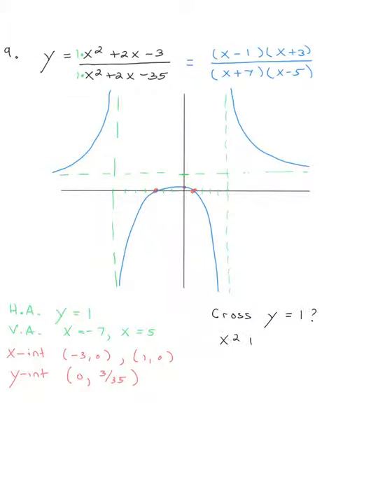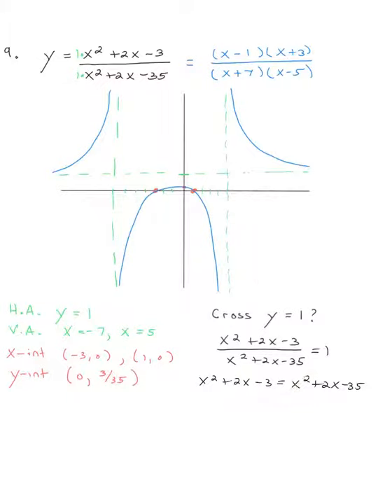I'll take my equation, set it equal to 1. I will cross multiply this piece to the other side, which gets rid of this fraction and leaves this side on the right. So that is, where is x squared plus 2x minus 3 equal to x squared plus 2x minus 35? Any solution to this equation is where the graph crosses over the horizontal asymptote.